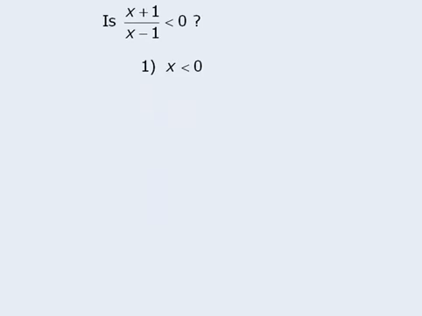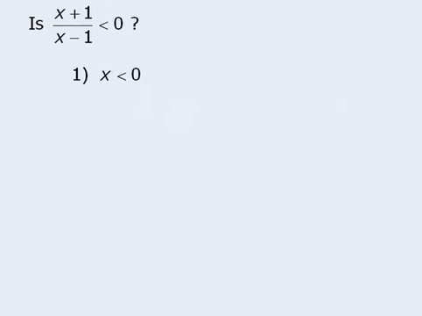Here's another question. We want to determine whether (x + 1)/(x - 1) is less than 0. Statement 1 tells us that x is less than 0. Is this statement sufficient? Well, if you're not sure where to begin, why not try the table method and see what information you can collect?